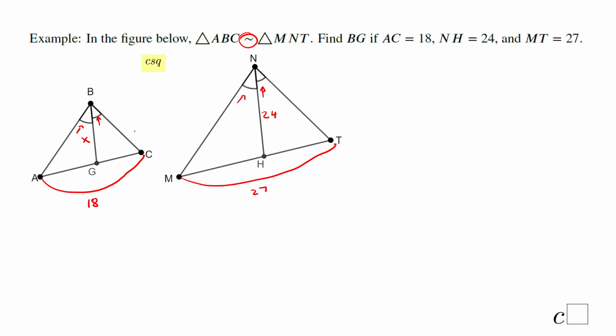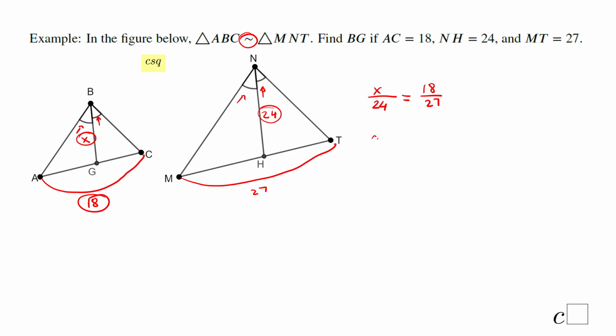Okay, so let's start with the small triangle. I grab the X and I can move and do this 24, equals, going back in the small triangle, 18 over 27. So I move directly to the proportion that you can use to solve this problem.